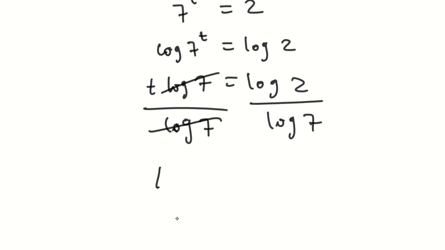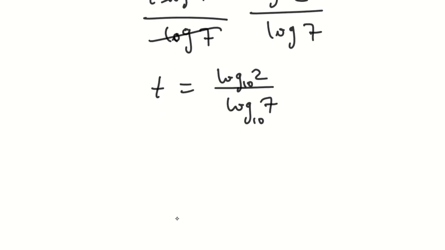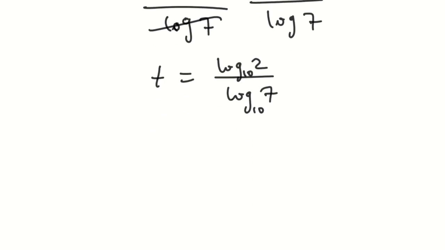And t is equal to log 2 over what? Log 7. Now, I hope you know that it has a base of 10, even though we can choose not to write it. But we can decide to compress this a little more using the change of base rule. If you have been following this channel lately, you will realize that I've talked about how to do change of base in logarithm.